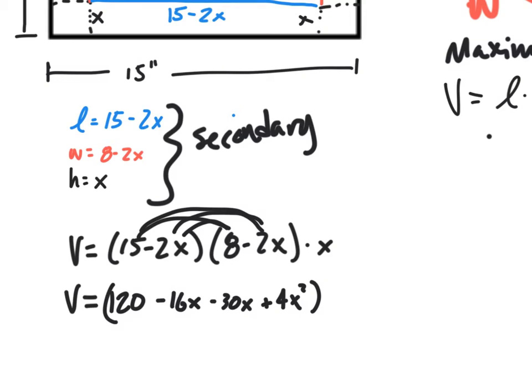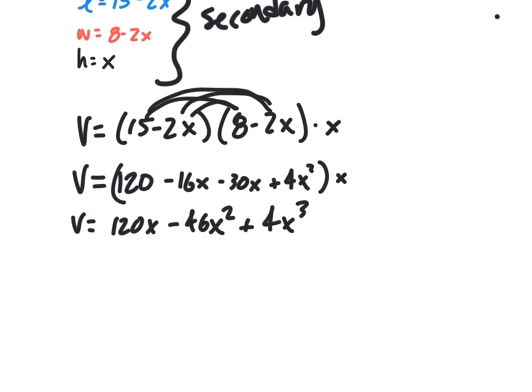I'm multiplying this whole thing by an x, so let's distribute our x and combine like terms. This is going to give me 120x minus 46x squared plus 4x cubed. And this is my volume function. This is what we're going to take the derivative of.